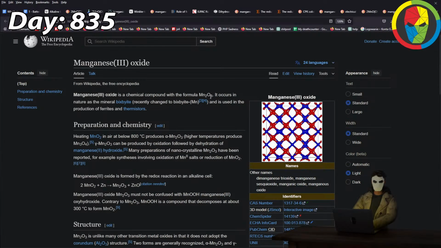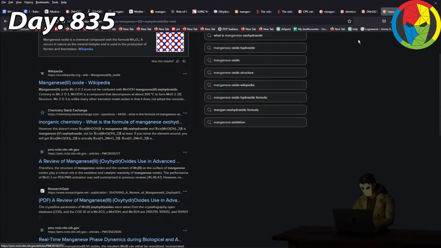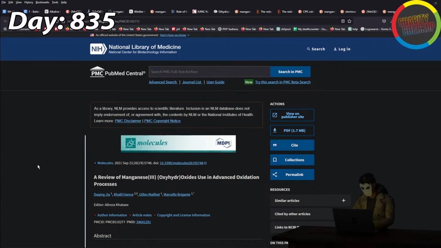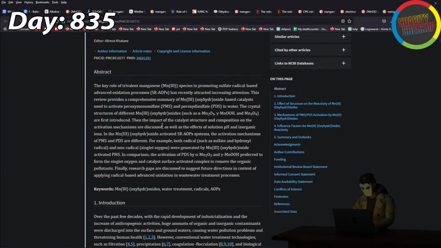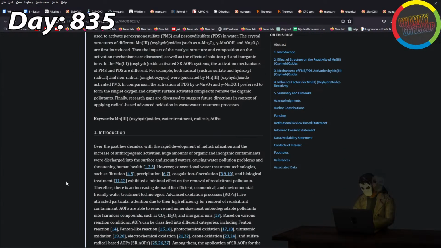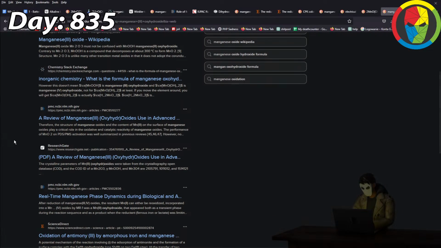That's just no, because it doesn't have hydrogen. Give me the hydrogen. Yes. No. No, oxyhydroxides. I'm losing my mind. Trivalent manganese is in promoting sulfate radical-based advanced oxidation processes. I'm losing my mind.